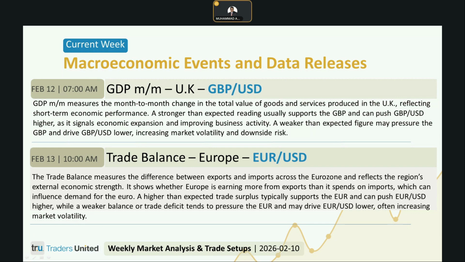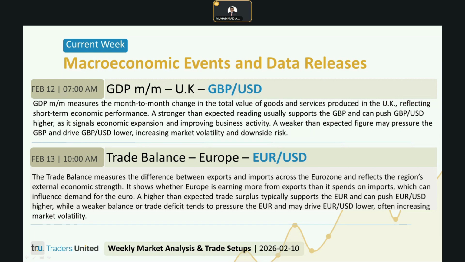The key drivers to watch are the deviation from forecast and previous GDP reading, signs of economic slowdown or resilience, implications for Bank of England policy expectations, broader US dollar direction, and global risk sentiment. The GDP data often acts as a confirmation or warning signal for broader economic trends, making it highly relevant for short-term trading decisions in the forex market.